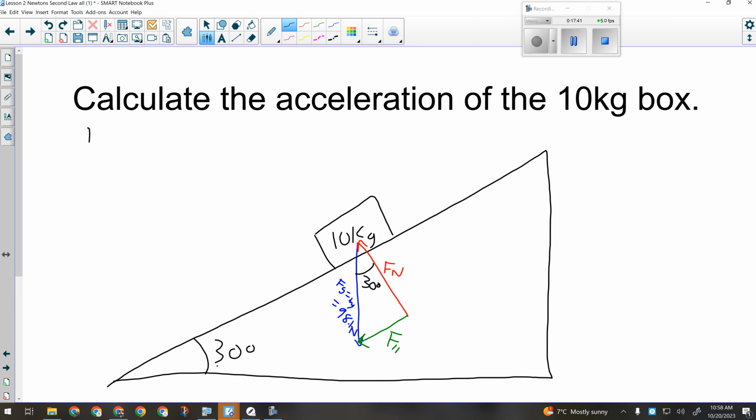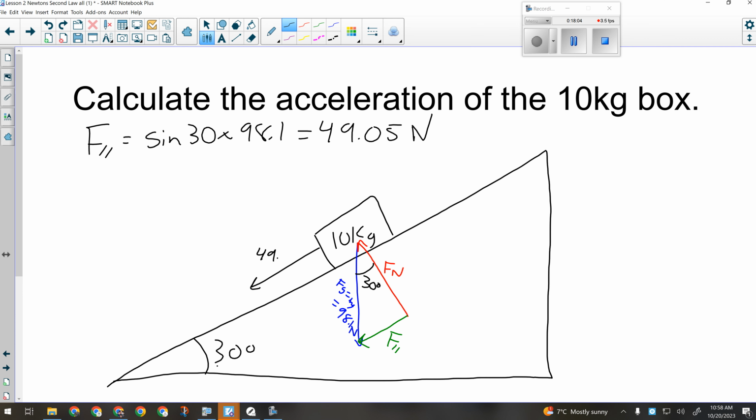So the opposite side, F parallel, should equal the sine of 30 times 98.1. So that is 49.05 newtons, straight down the ramp.